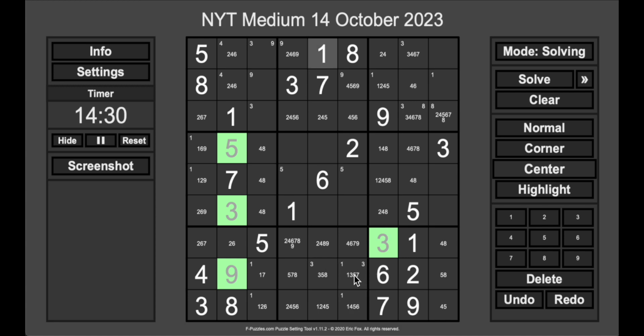Because this one and this one forces a 1 in one of these two, and therefore this can't be 1, because a 1 in one of these two means that's not 1 either. Well, let's see. What's left? I've got this down to 1 or 3, but that doesn't help place 5 or 7 because I've got too many possibilities.